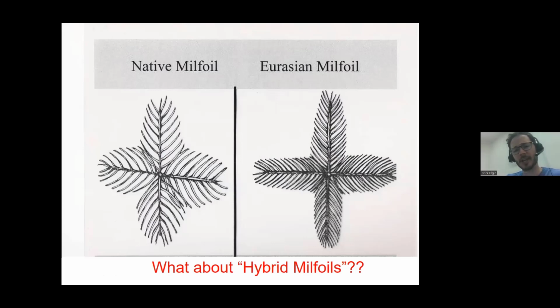You can get clues that it's a hybrid because the characters are mismatched, and it's confusing when you're trying to figure out whether there are 11 leaflets or 12. Again, the only way you can identify that is through a genetic test.